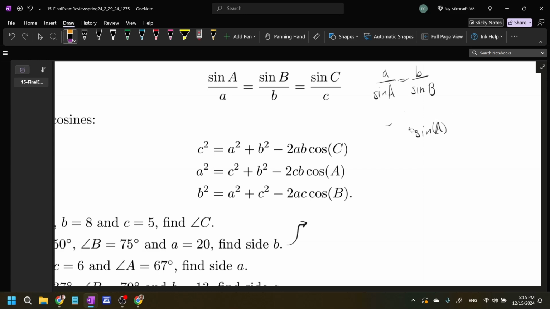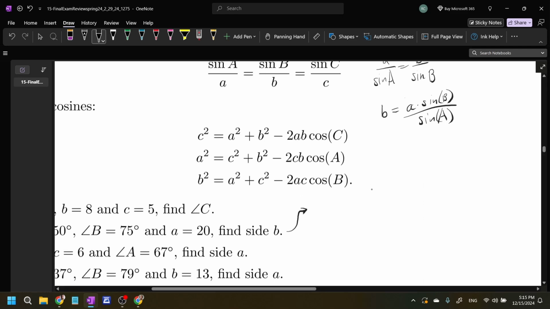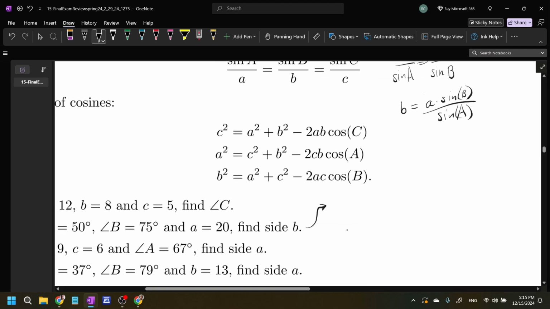Let me do that again. So multiply both sides by sine of B. That's going to cancel out, and we're left with little b equals A times sine of big B over sine of big A.